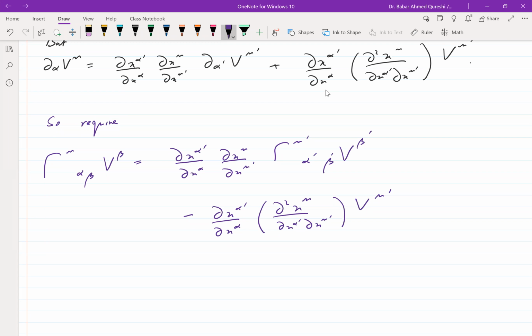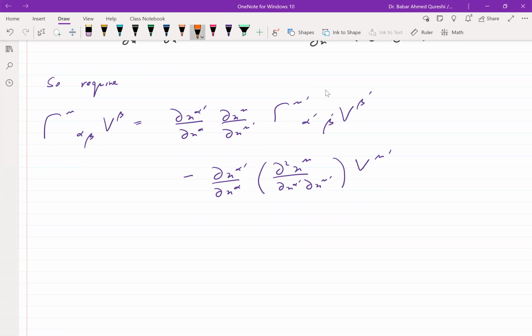So you have to give these numbers, these gammas, at every point, and do not require them to be tensors. They should not be tensors, rather they should transform in this particular way so that the transformation cancels the non-homogeneous piece coming from the partials.